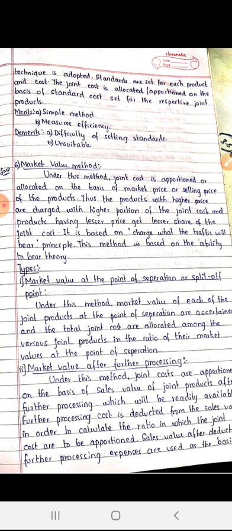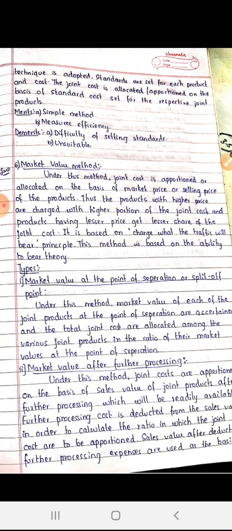Under this method, joint costs are apportioned on the basis of sales value of joint products after further processing, which will be readily available. Further processing cost is deducted from the sales value in order to calculate the ratio in which the joint costs are to be apportioned. Okay, this is about the market value after further processing.